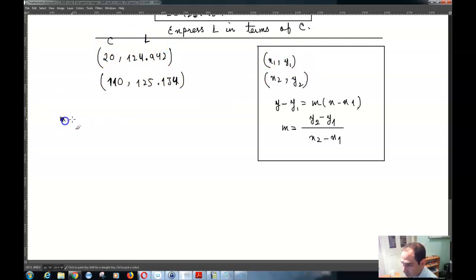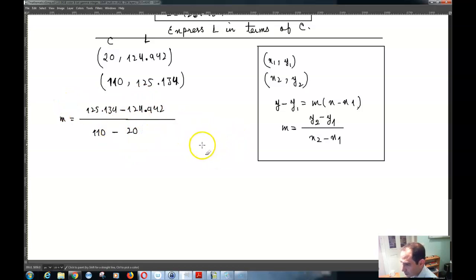You can write m is equal to 125.134 minus 124.942 over 110 minus 20.